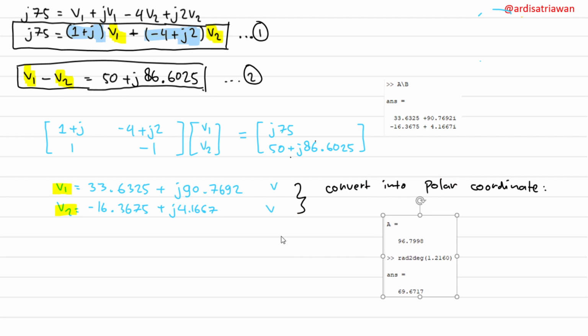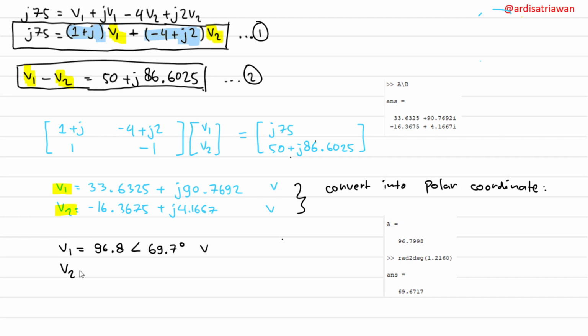Okay, now from MATLAB, V1 is amplitude 33.6 and the angle is 1.2 degrees, and the unit is volt.